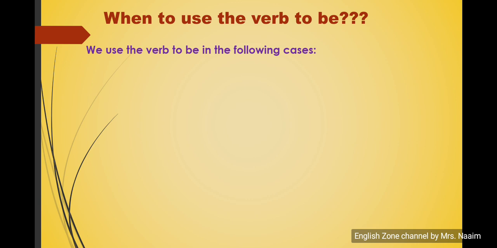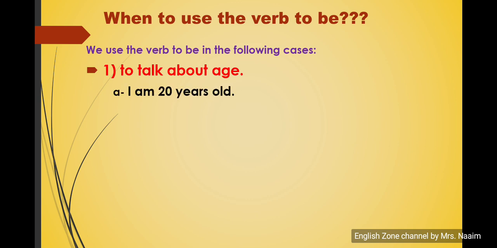Okay, so الاستعمال الأول هو so we use the verb to be to talk about age للتحدث عن العمر أو السن. Okay. So now we move to the examples. Okay, والآن لنمر إلى الأمثلة.